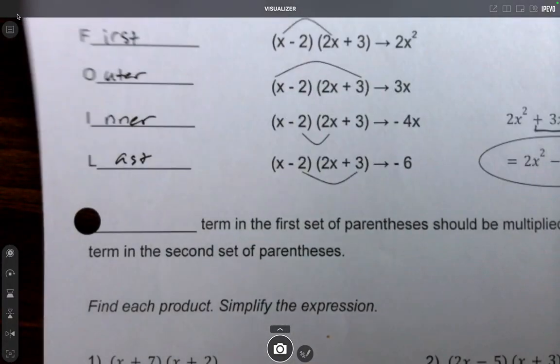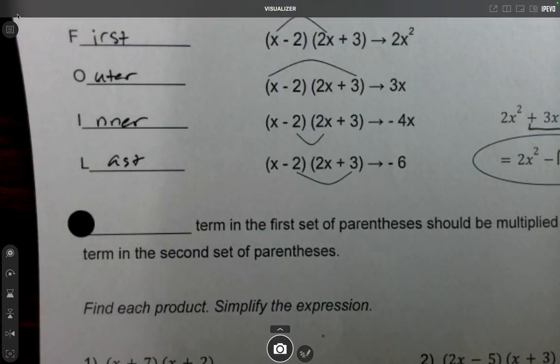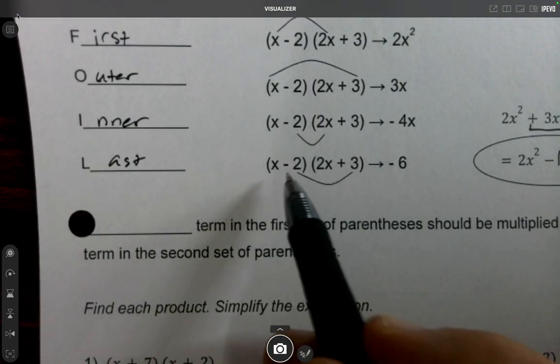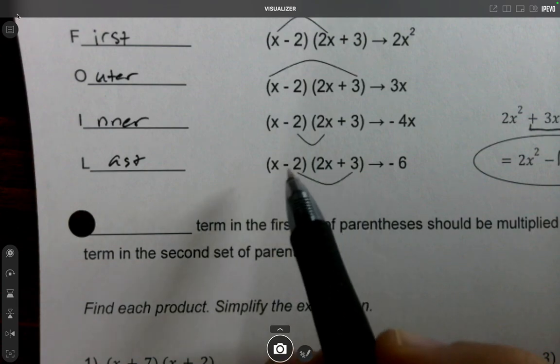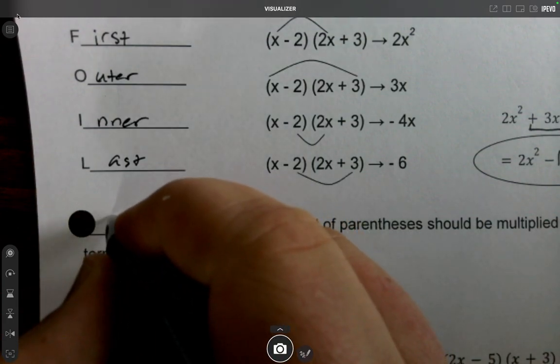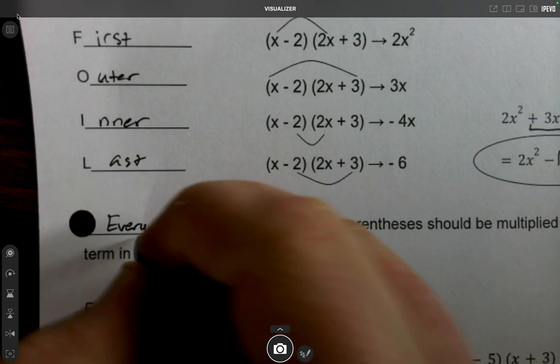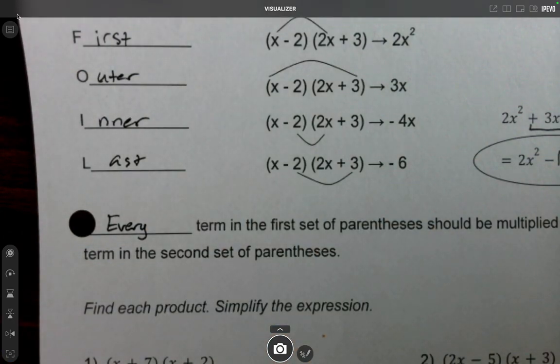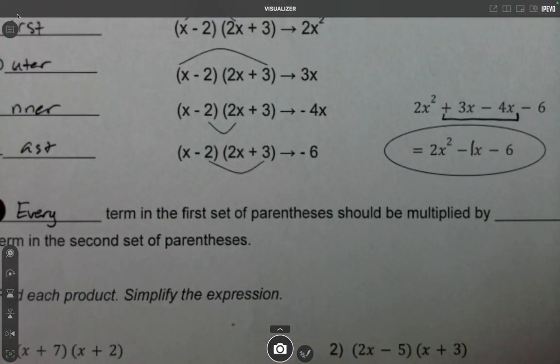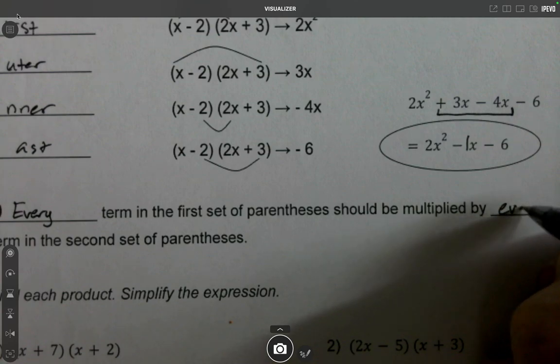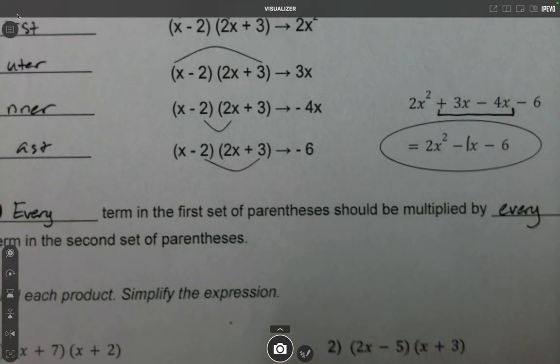So the big idea here, foiling is a way to remember what to do, but when you're multiplying two different things together that are multiple terms, the point is that every term in the first set of parentheses should be multiplied by every term in the second set of parentheses.